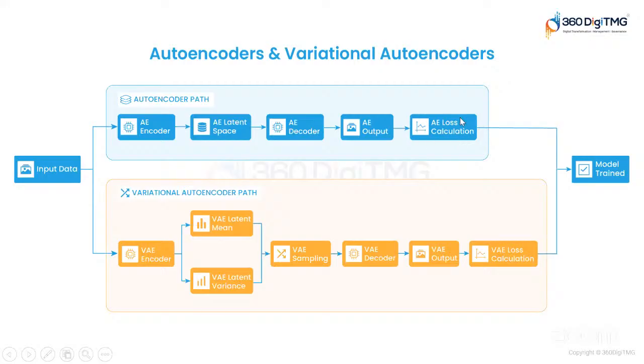What is the reconstruction loss? It is nothing but the actual value, meaning the original input data, versus what is predicted by our model, what is predicted by the decoder. This is calculated using binary cross entropy or simply a cross entropy loss function.